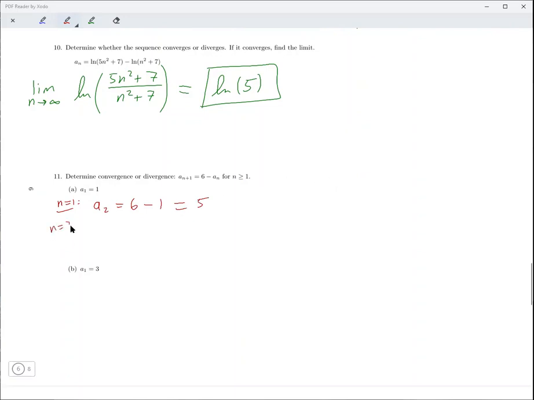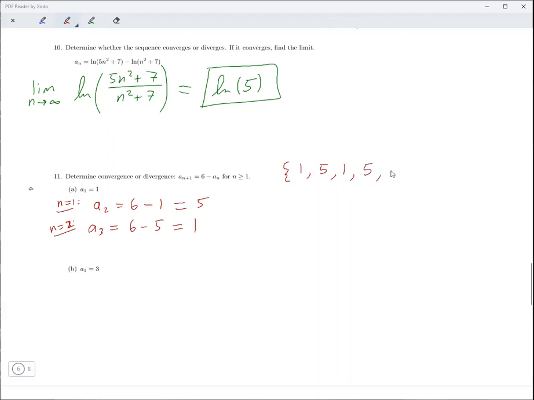And then if we set n equal to 2, that gives us a3, which will be 6 minus the previous term, a2, which is 5, and we get 1. So we can look and see what's happening with this. We're supposed to figure out if it converges or diverges. The first term is 1, the second term is 5, the third term is also 1. What do you think the fourth term is going to be? 5.